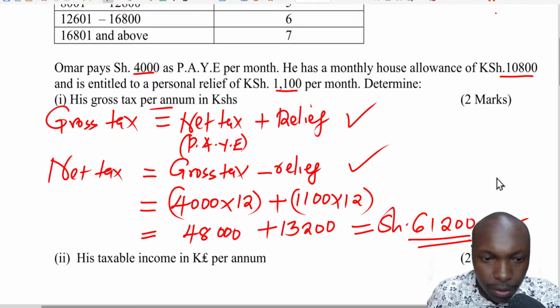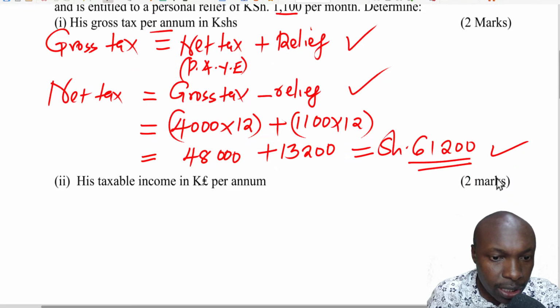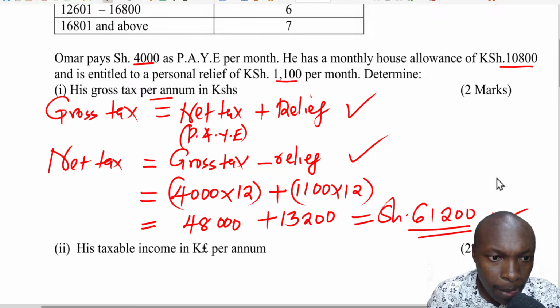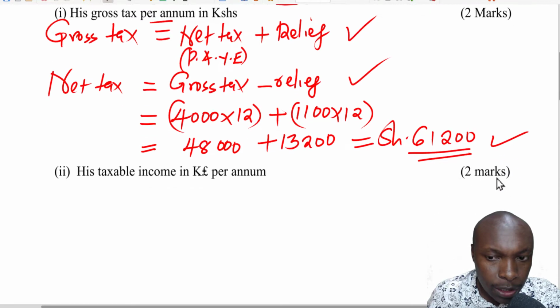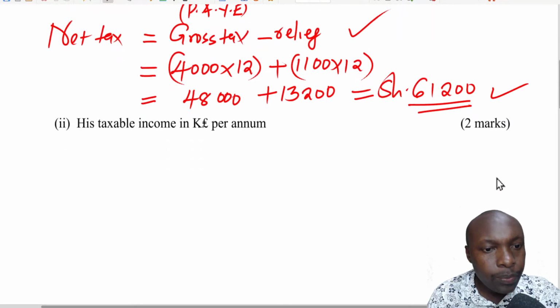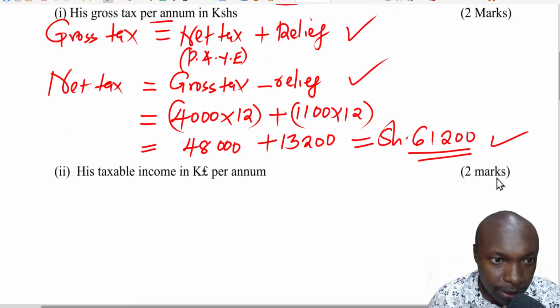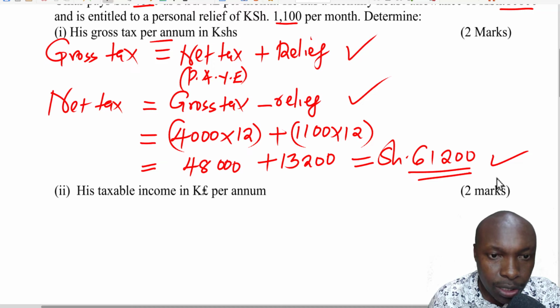After getting that, we can proceed to the next question: his taxable income in Kenyan pound per annum. As you can see, we require to get the taxable income. This is where the reverse taxation comes in. We have not been given much detail apart from what we know from the first part of the question, the gross tax.